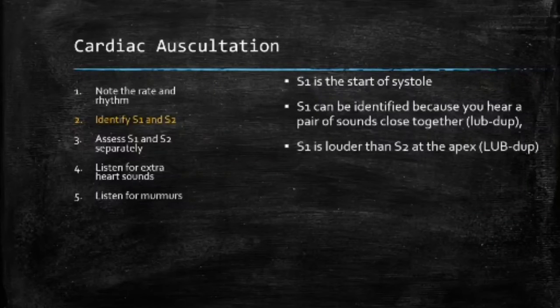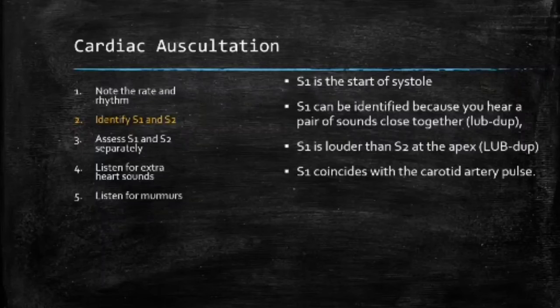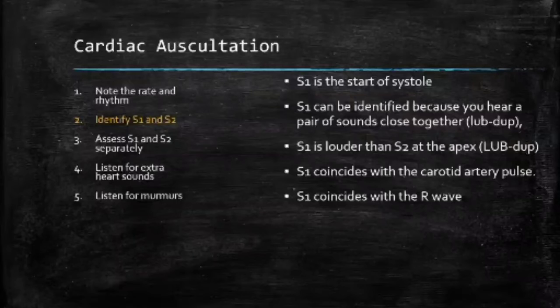S1 is louder than S2 at the apex. S1 coincides with the carotid artery pulse. The sound you hear as you feel each pulse is S1. And S1 coincides with the R wave if the person is on an ECG monitor.